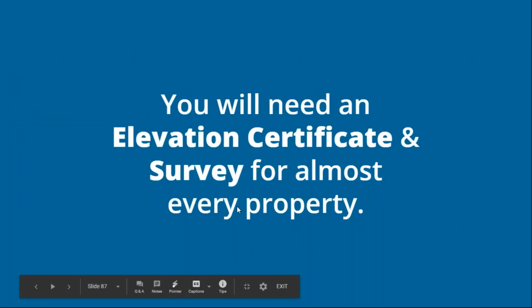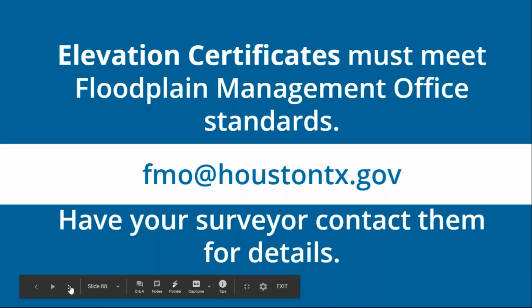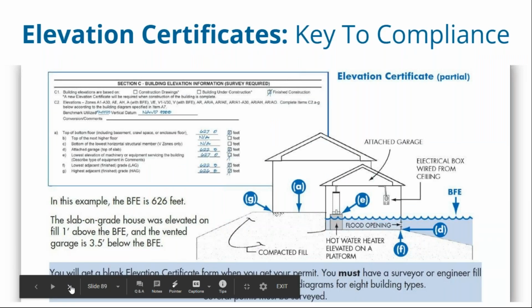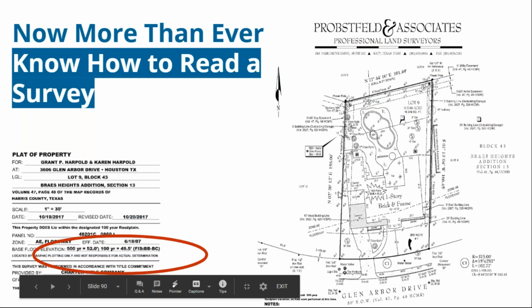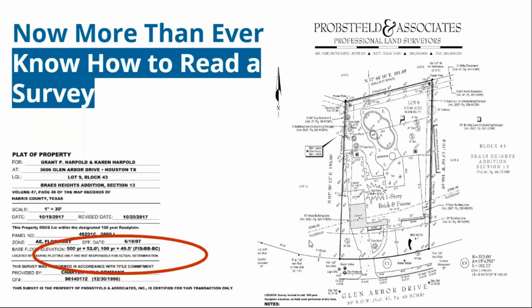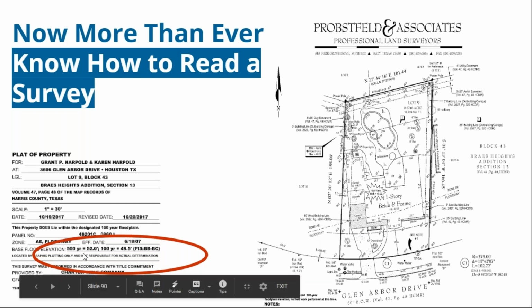So you need an elevation certificate for almost every house in Harris County. And you need on the survey that you should get now when you're selling a house, the list of where you are in the 500-year base flood elevation. So on every survey, in the 100-year floodplain, in the 500-year floodplain, not in the floodplain, I would mark what the 500-year base flood elevation is.